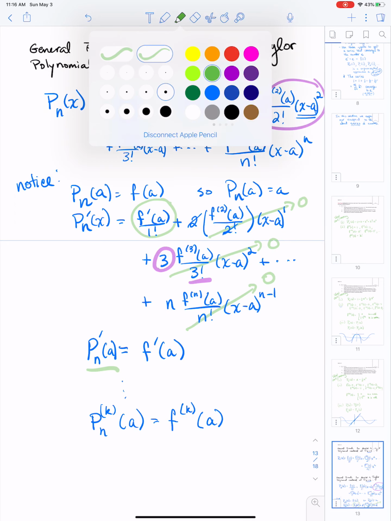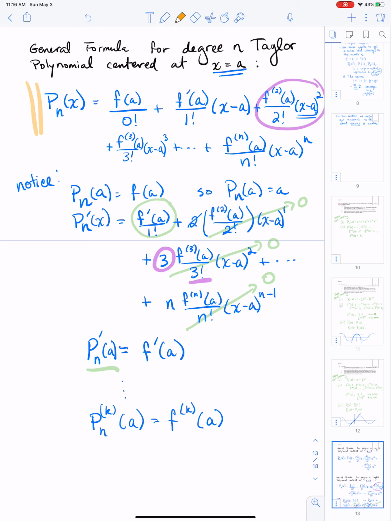This is the formula for the degree n Taylor polynomial centered at x equals a. If you imagine actually multiplying out all these powers of x minus a and then collecting all the terms, you would have a degree n polynomial, right?